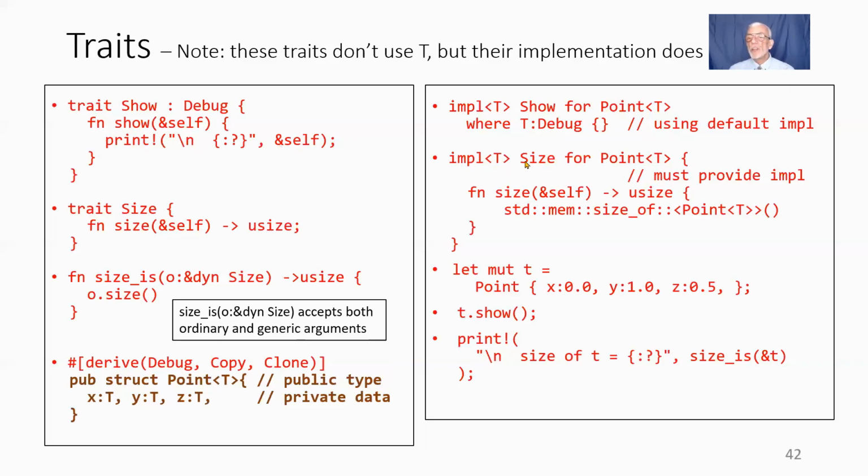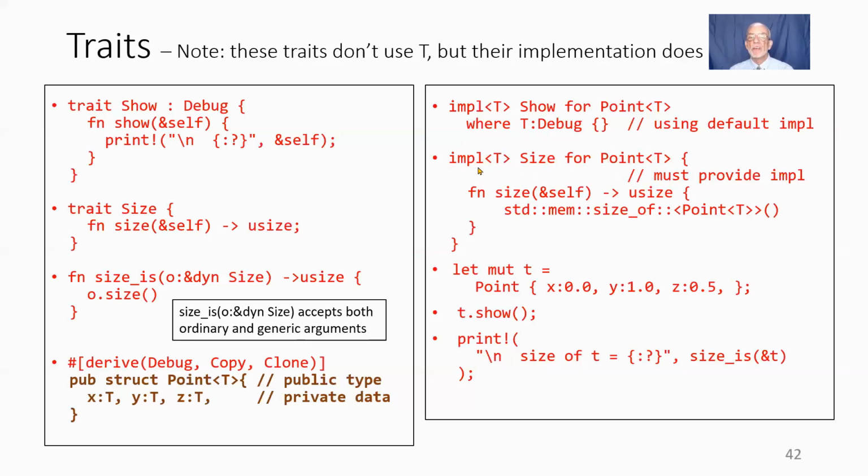Here's the implementation for size. And again, impl of T for point of T. And now size uses standard mem size of point of T. So I need to use the parameter to specify this point. Where does that come from?